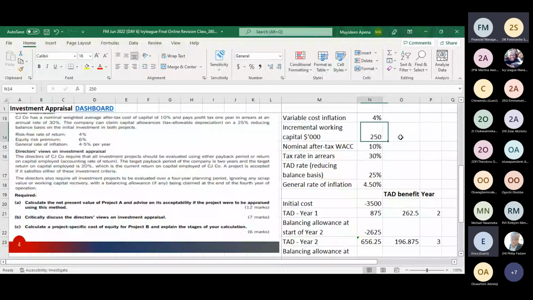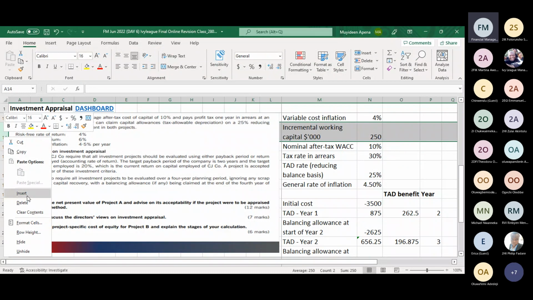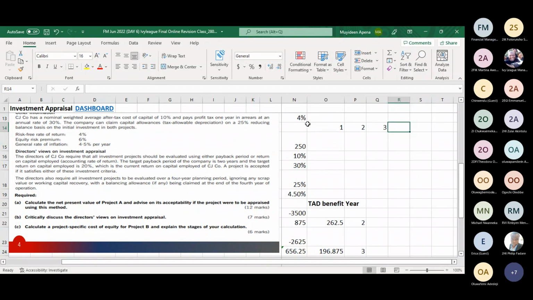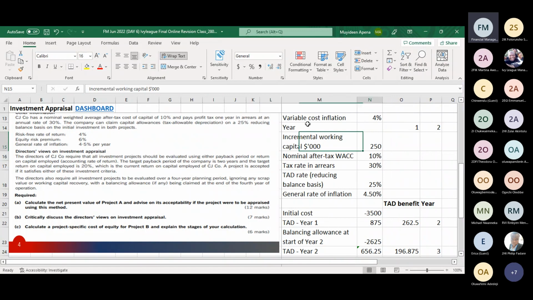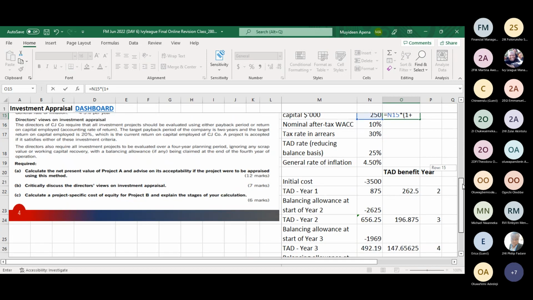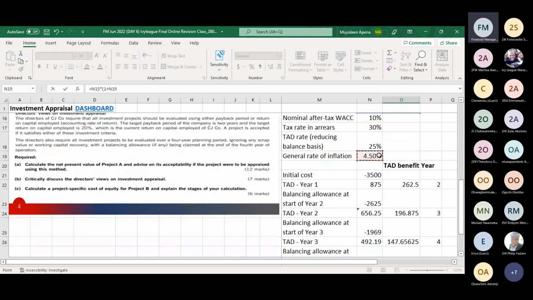We are told working capital will increase in line with general inflation. Okay, so let's also do the computation for that quickly. So I have the years here as well. Year 1, year 2, year 3, year 4. So what happens? This will be multiplied by 1 plus the general rate of inflation, 4.5%, raised to power 1.